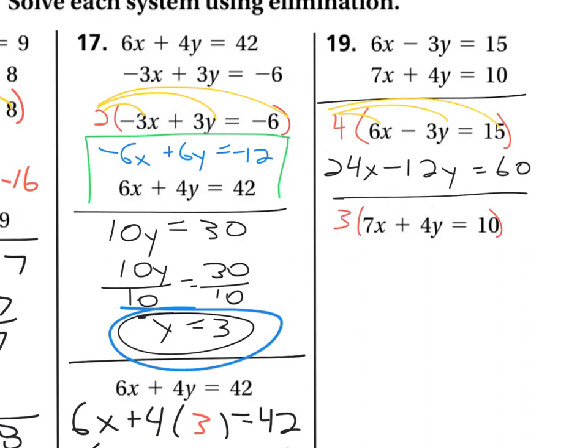Why 3? Because that's going to give us a 12y, and that's the exact opposite of what we got above. So when we distribute that through, we get 21x plus 12y equals 30.